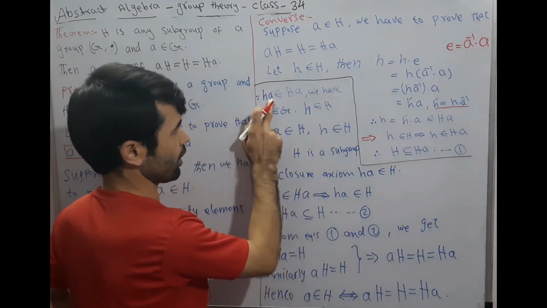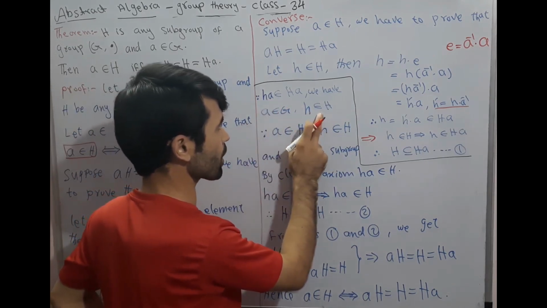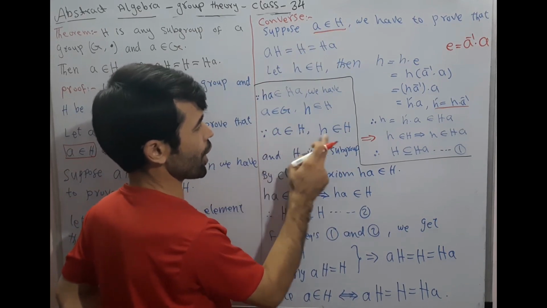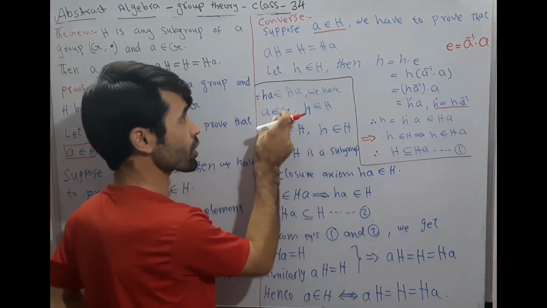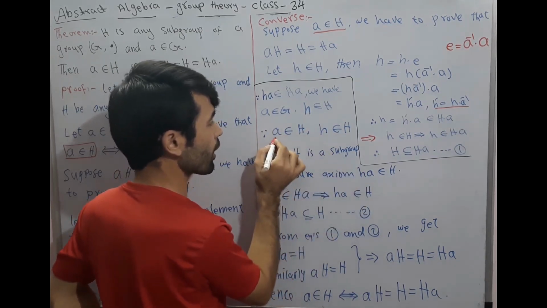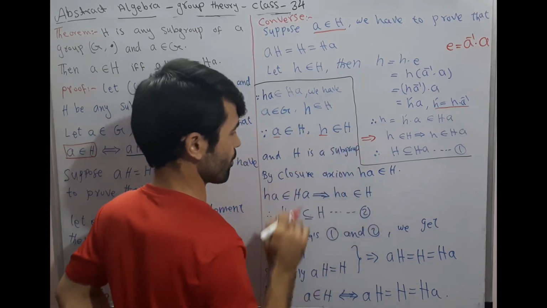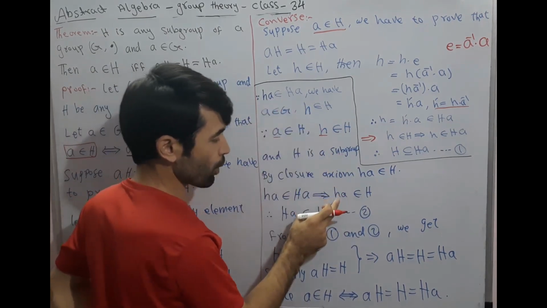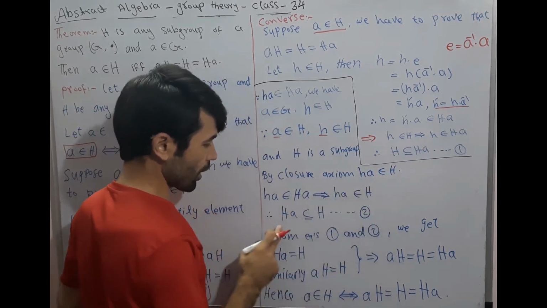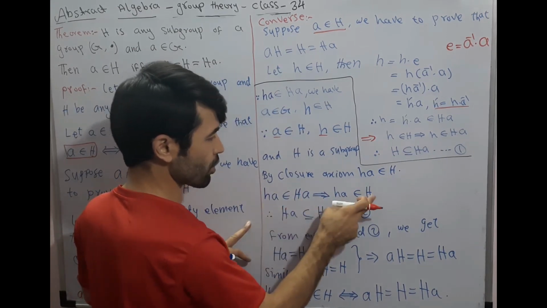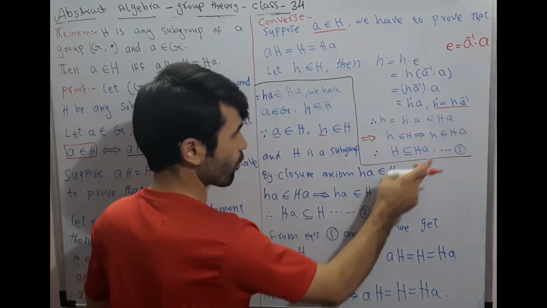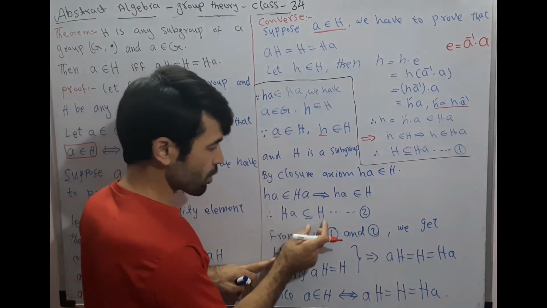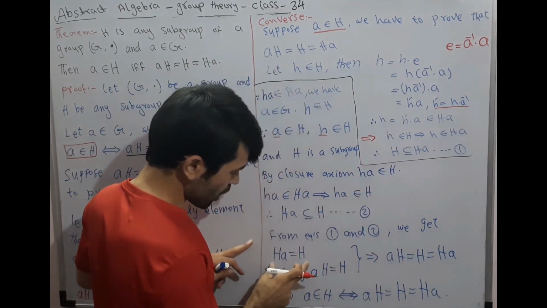Here a is an arbitrary element of G, and h is an arbitrary element of H. Since a belongs to H and h belongs to H, and H is a subgroup of G, by the closure axiom, the product of these two elements also belongs to H. This implies ha belongs to H. Therefore, Ha is a subset of H. It is relation 2. From relations 1 and 2, H is a subset of Ha and Ha is a subset of H, we get Ha = H.